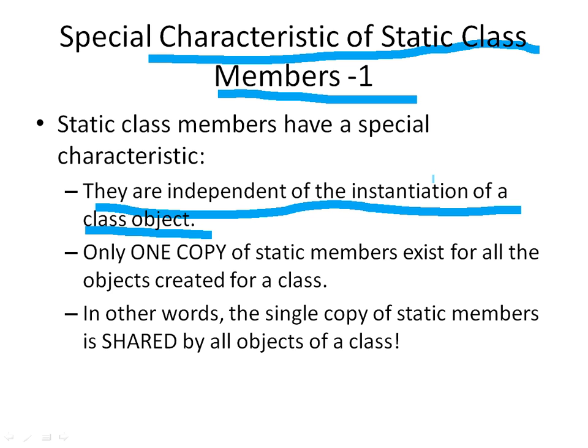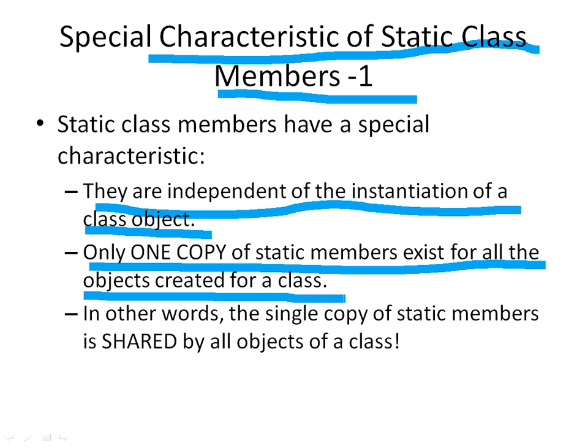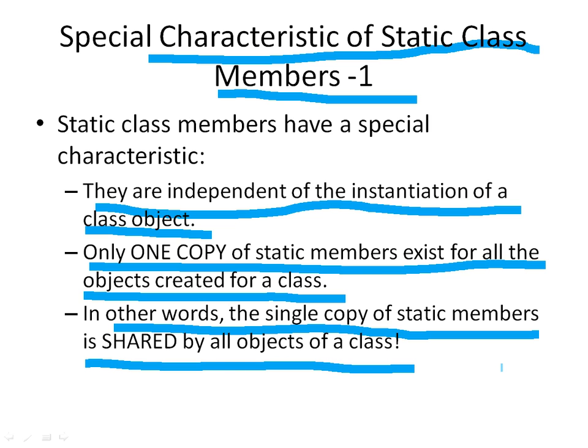You could create them without creating an instance, and you can get access to them through static member functions without creating an instance of the class. What that means is that only one copy of a static member exists for all the objects created for a class. I could create 10 different patient objects, but all of them will share only one copy of the doctor phone number, which I showed in the previous slide.